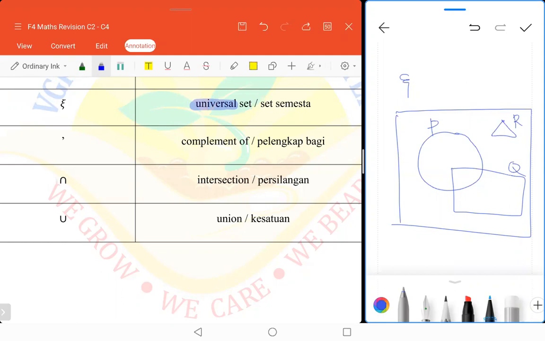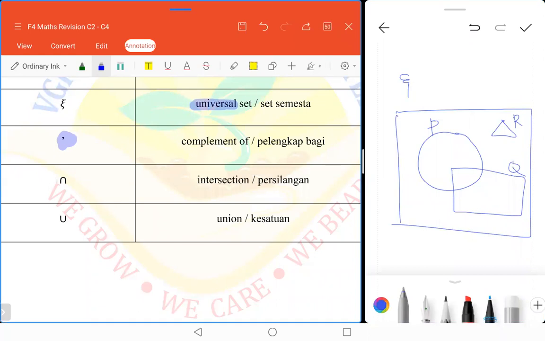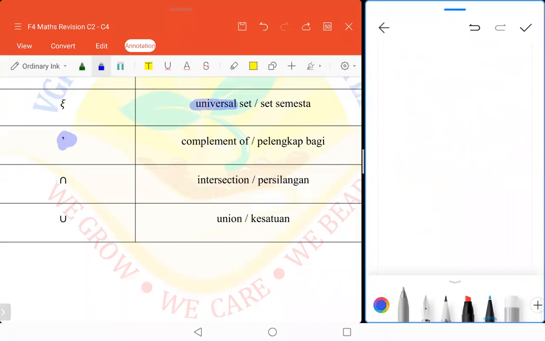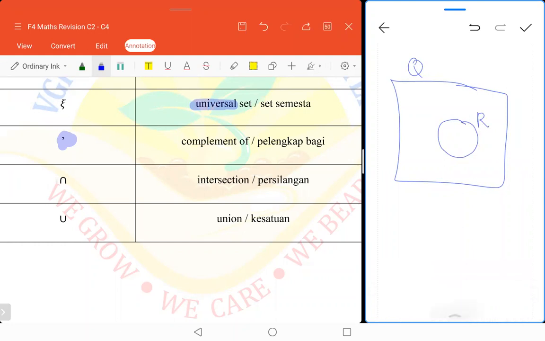Okay, next, the apostrophe means complement of, except for. In Malay it is "kecuali". So let's say we have set Q over here, then we have set R inside, R subset of Q. So I can write the relationship here: R ⊂ Q, R inside Q. If I write complement of R, with an apostrophe on top, the apostrophe means I close R, I do not want the whole R, except for R. So I shade here.